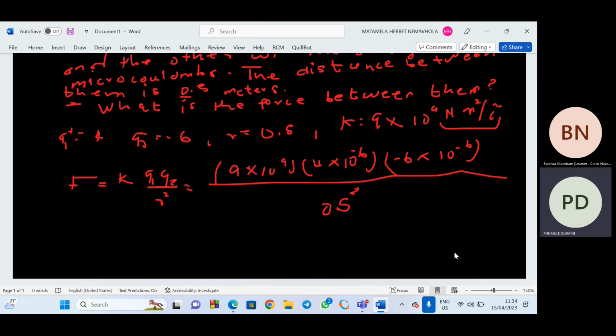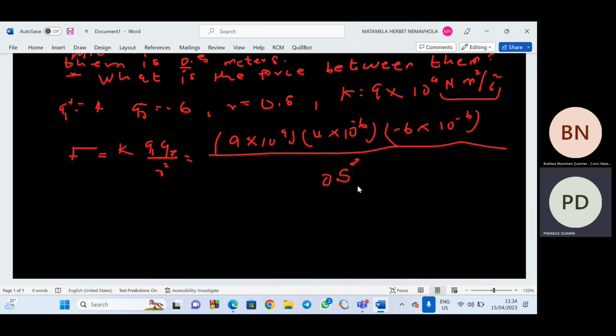Now when you have done this, you can use your calculator. Can you use your calculator and tell me the answer?